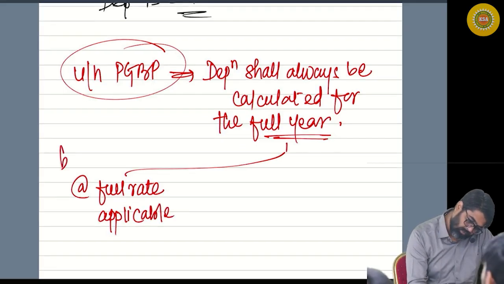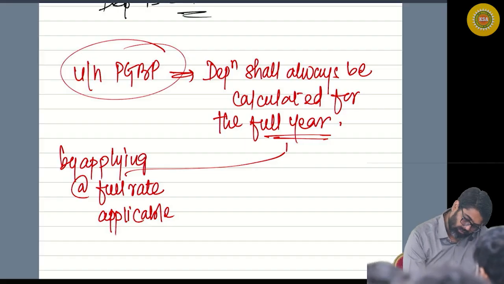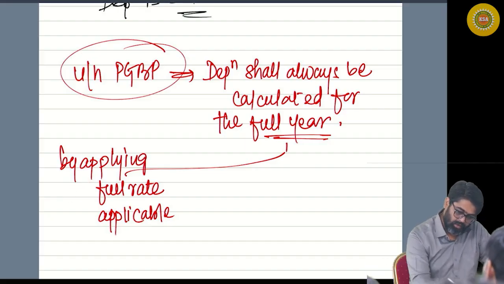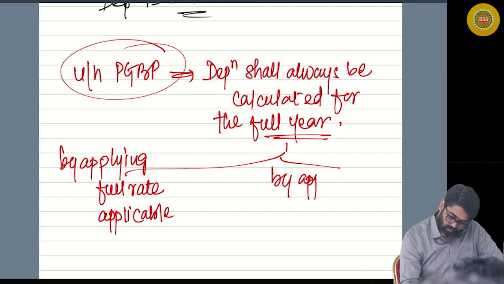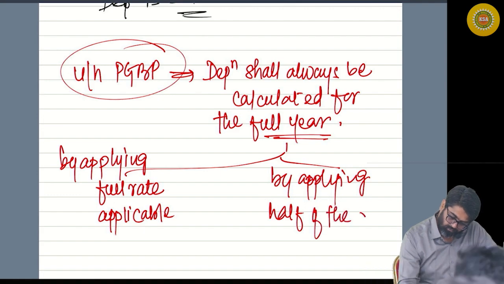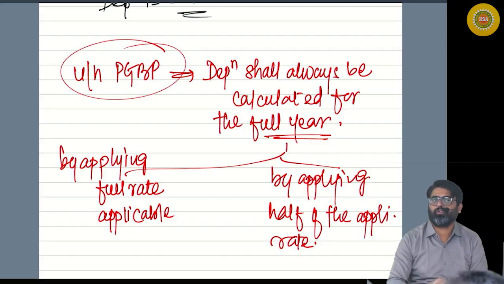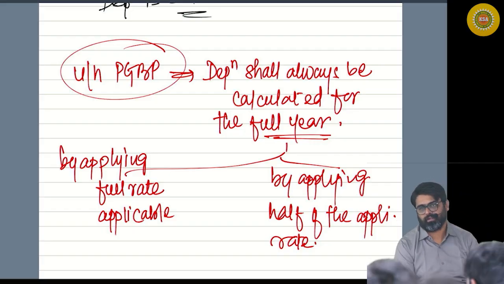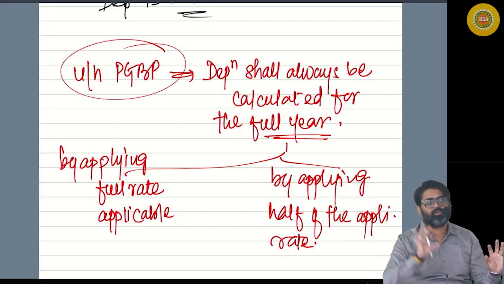Full year by applying what? Full rate applicable, or it can be calculated for full year by applying half of the applicable rate. Meaning that there is no concept of half year depreciation, depreciation for some days or some months.